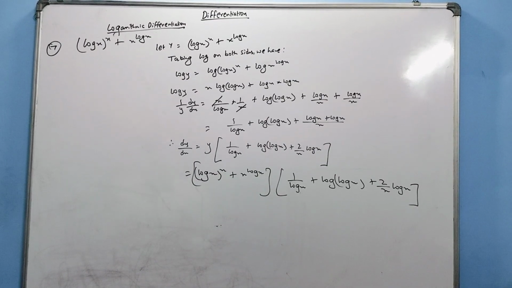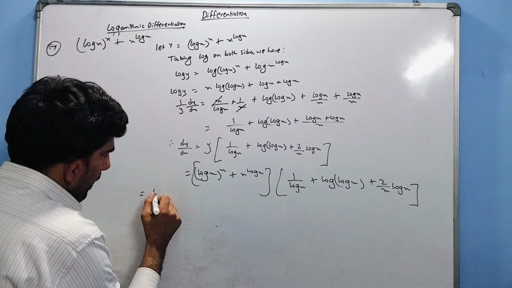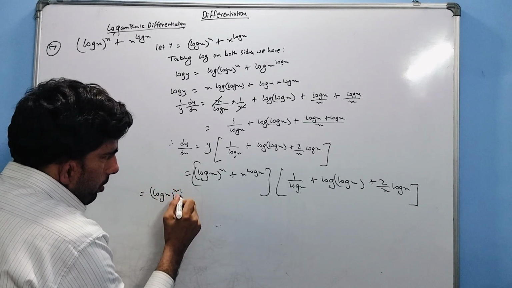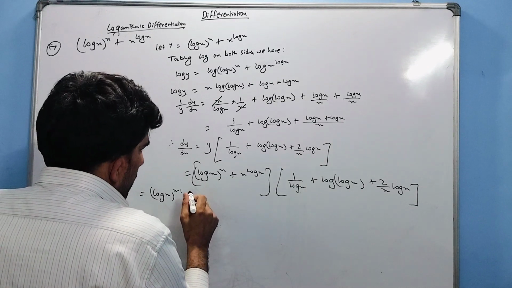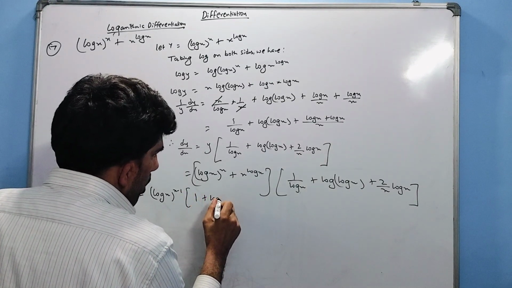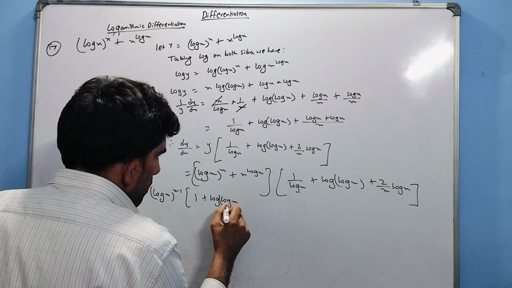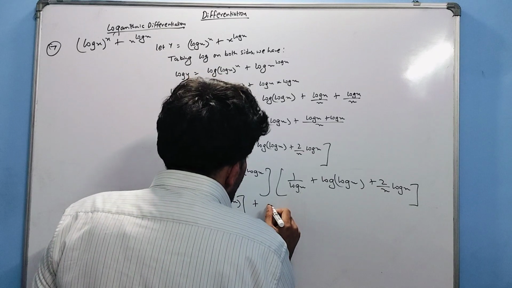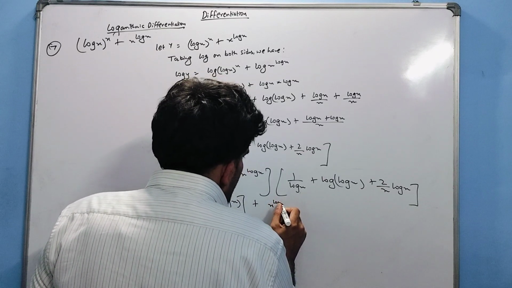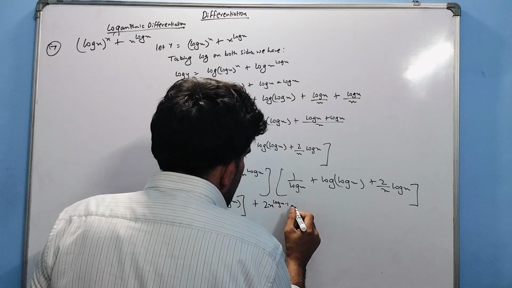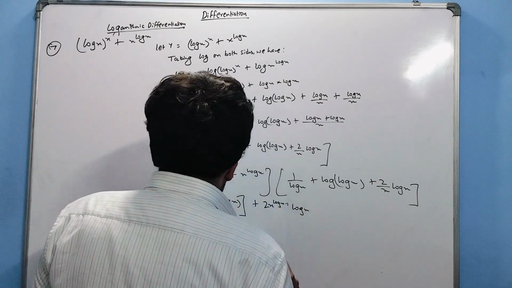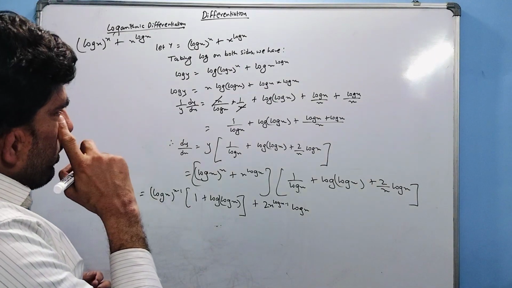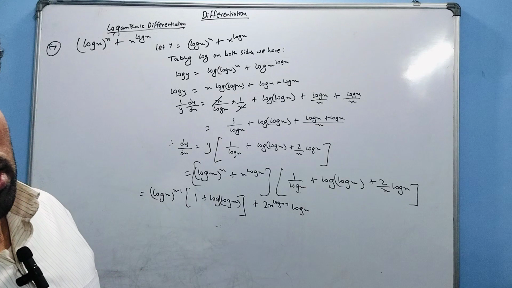Now we can write this in next step, that is log of x is power x minus 1. Okay, into we have 1 plus log of log x. We have here inside, if we multiply with this, we have x is power log of x minus 1 of log x. Okay, so that is how we can easily differentiate the function using logarithmic differentiation.